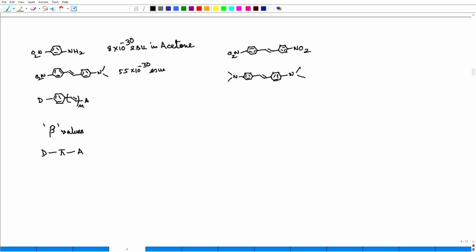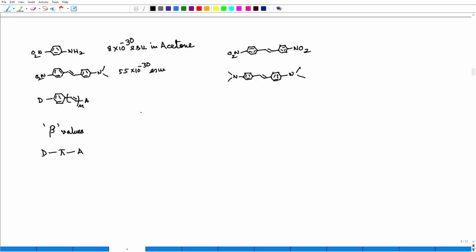And thus when we increase the pi system, one thing happens. Once you increase the pi system in a molecule, its beta value increases, but there is one caution, something called a trade-off. Suppose I excite this with light and I am counting beta values.